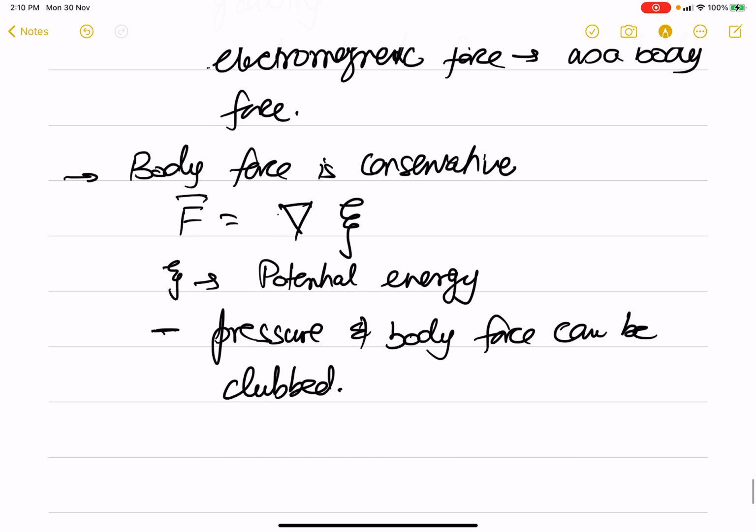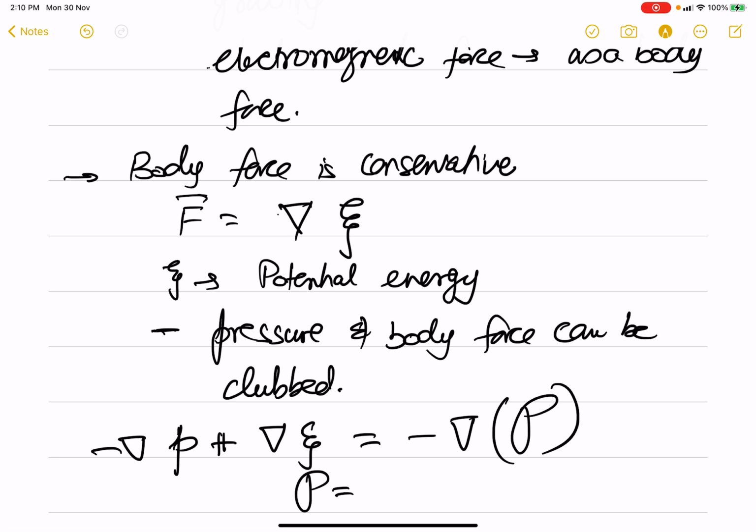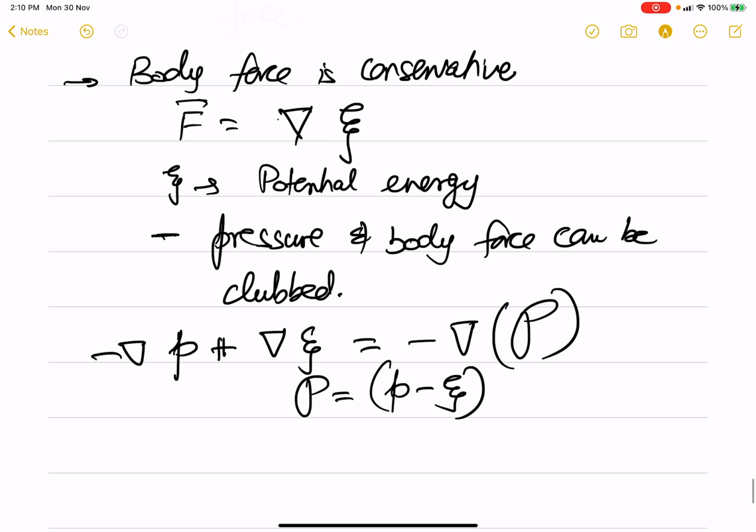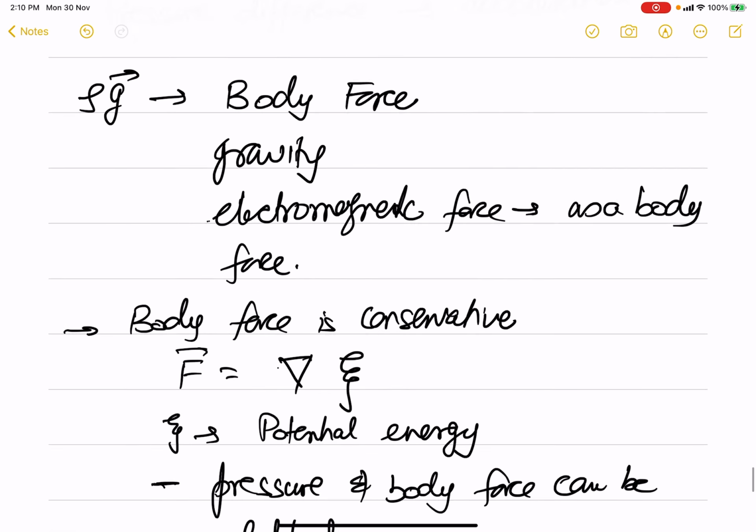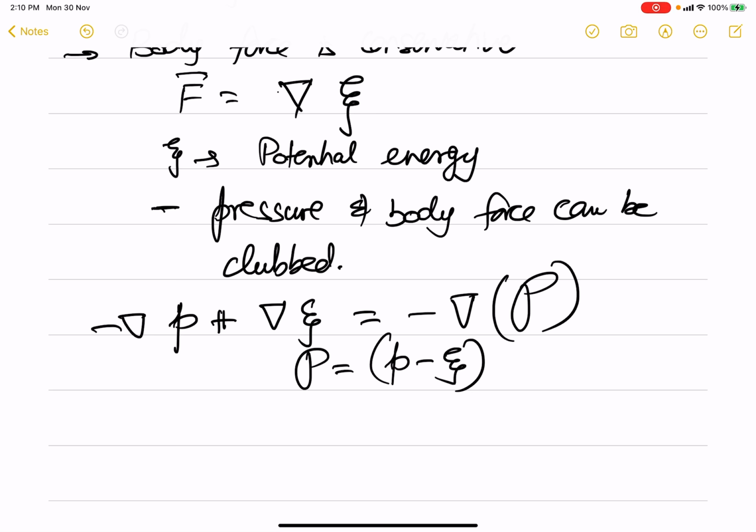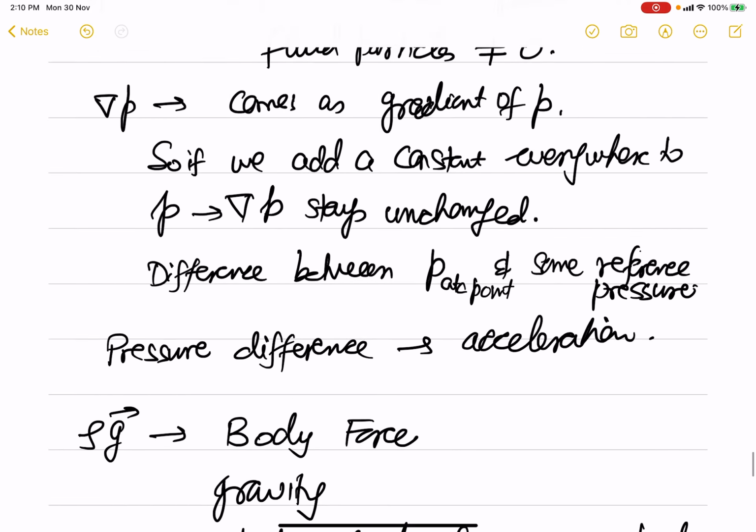Assuming appropriate dimensions, that is, it's per unit mass, then minus grad P plus grad zeta can be written as minus gradient of some script P, where script P will be equal to P minus zeta. So we can club the body force and pressure force in some problems. But if pressure comes in the boundary condition, then we cannot club them. We have seen this earlier.